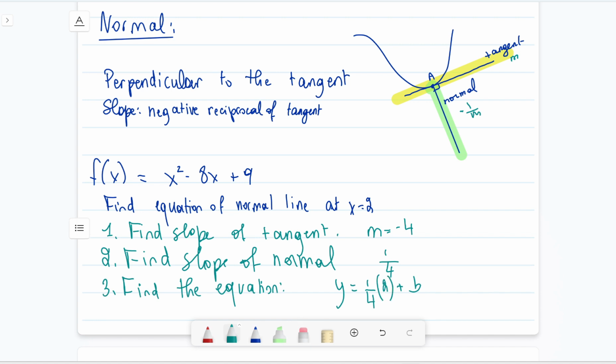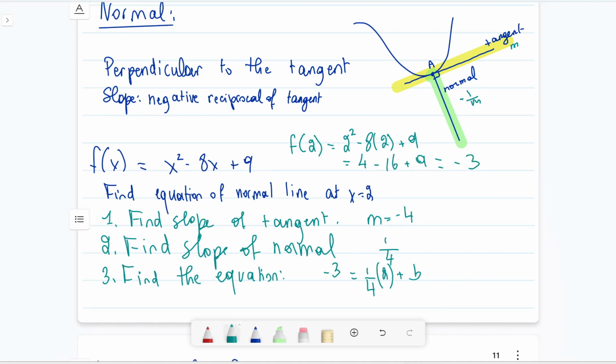What is the y value when x is 2? When x is 2, f of 2 is 2 squared minus 8 times 2 plus 9, which is 4 minus 16 plus 9, which gives us -3. So the y value is -3.